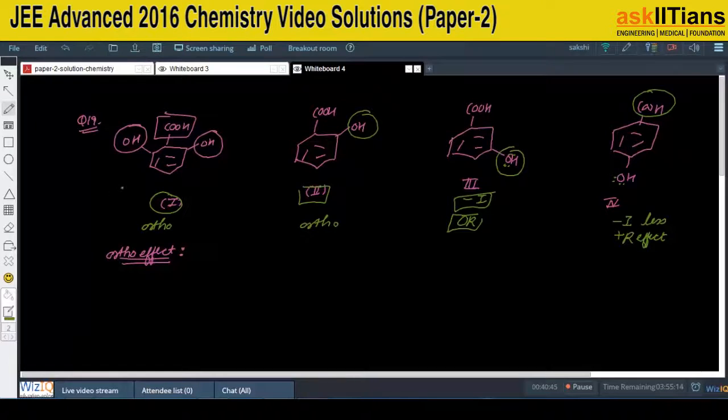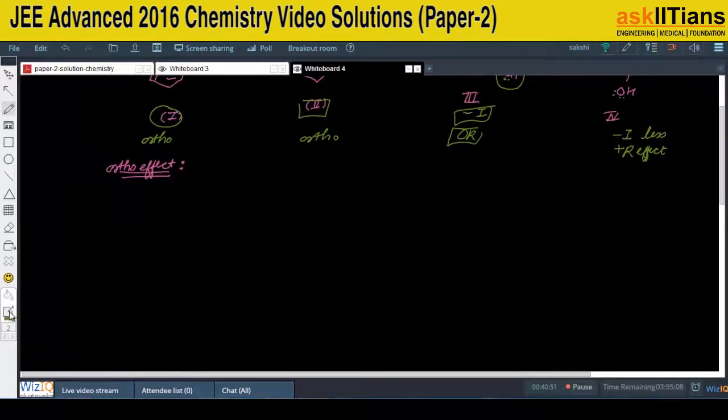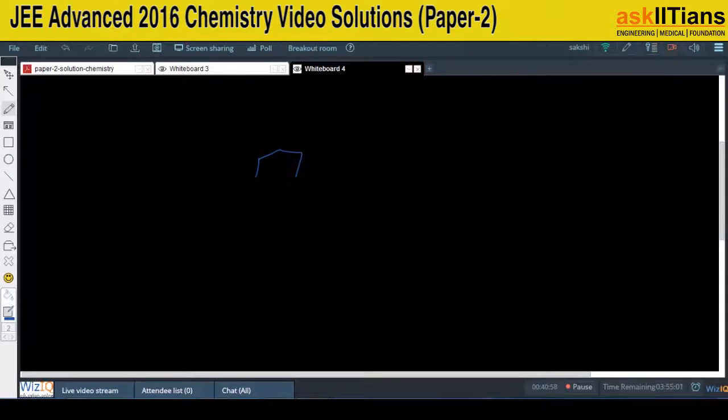Now the first case will form the most stable anion once it loses one H+. Let's see why this is so. Let's say it loses one H positive and forms COO minus, and here you have OH and here also you have OH.